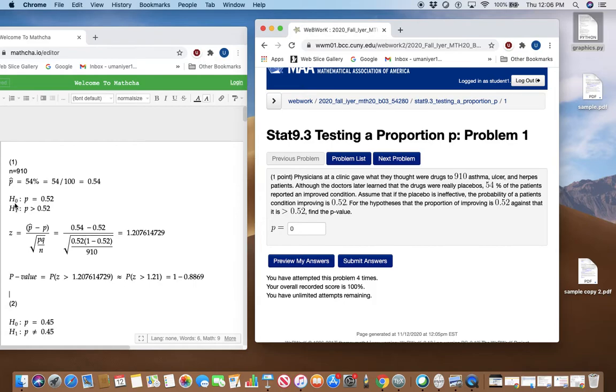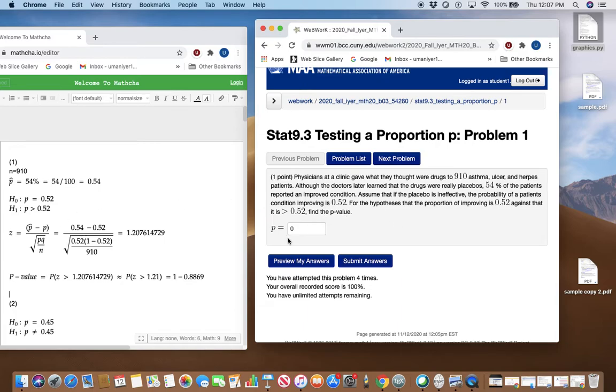So that is my null hypothesis. The actual proportion should be 0.52. Now we got 0.54. So the alternative hypothesis is that the actual proportion is greater than 0.52. That's what we want to test.